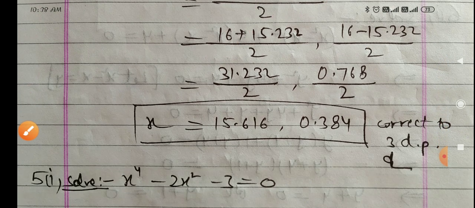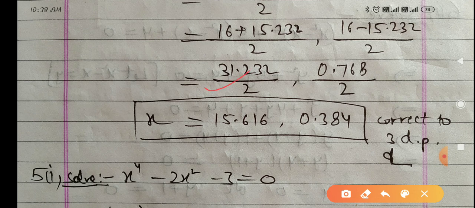So it is coming 31.232 upon 2 and 0.768 upon 2. By dividing, 15.616 and 0.384, it is already coming up to 3 decimal places. You can see after the decimal 3 digits are there. 15.616, 0.384, correct to 3 dp I have written here. So this is the final answer.